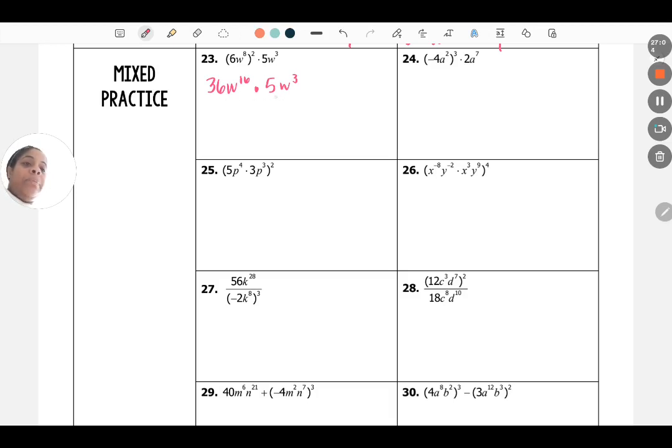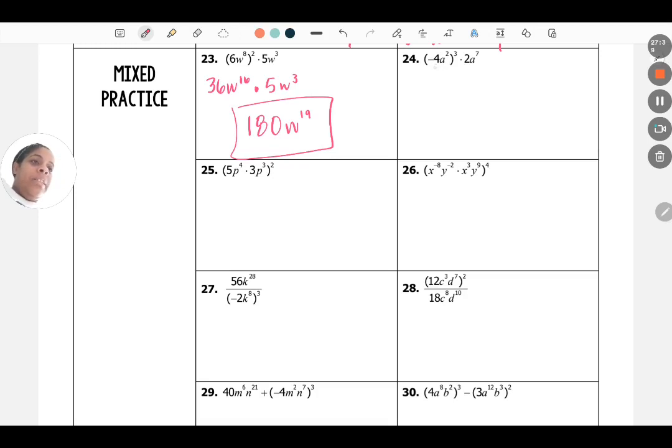And we multiply the coefficients, the numbers, and then we add the exponents. So we have 36 times 5. 36 times 5 is 180. So I get 180w, and 16 plus 3 is 19. Boom. Okay. All right, here we go.